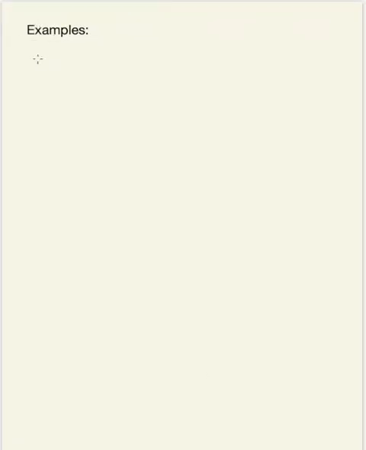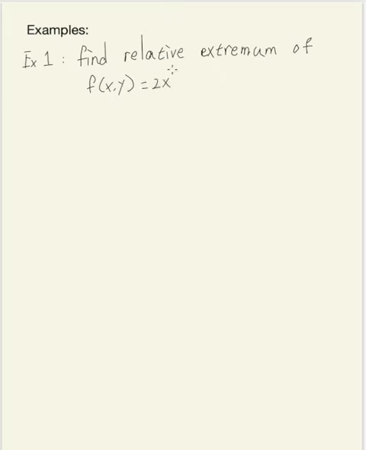First example, find the relative extremum of this function f of x and y equals 2x squared plus y squared plus 8x minus 6y plus 20.